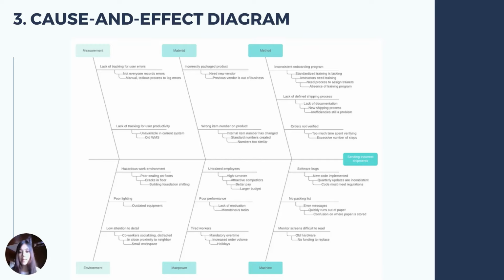Named for its resemblance to a fishbone, this quality management tool works by defining a quality-related problem on the right-hand side, right here, of the diagram, with individual root causes and subcauses branching off to its left. So these are the causes, the subcauses here, and the root causes.